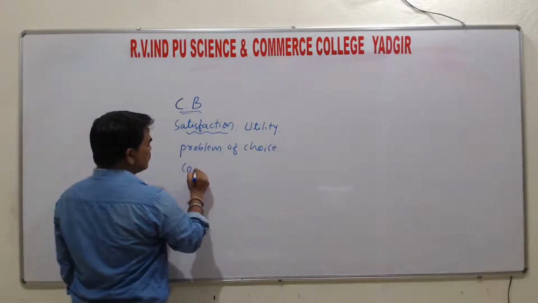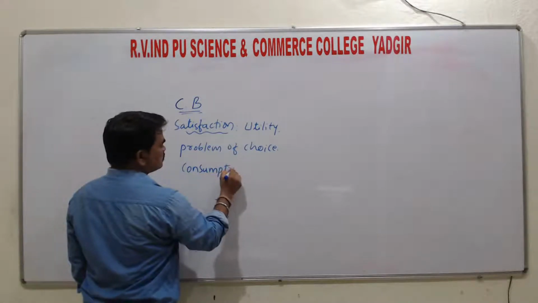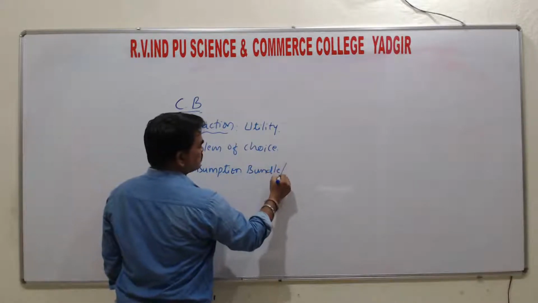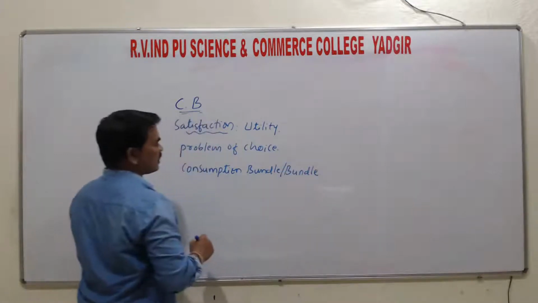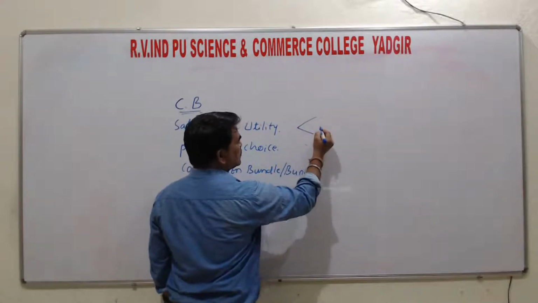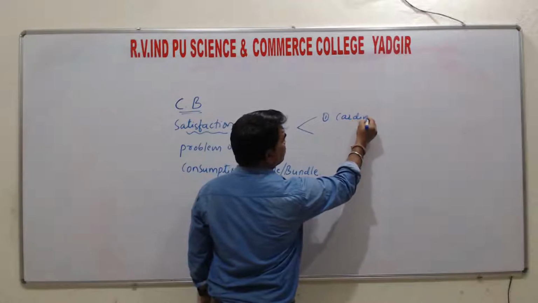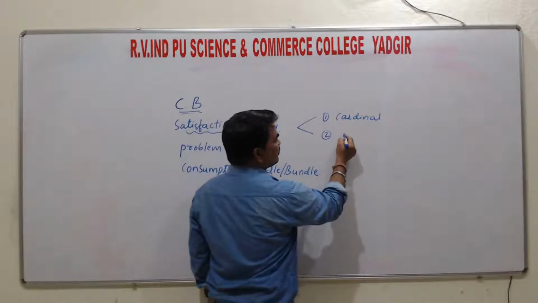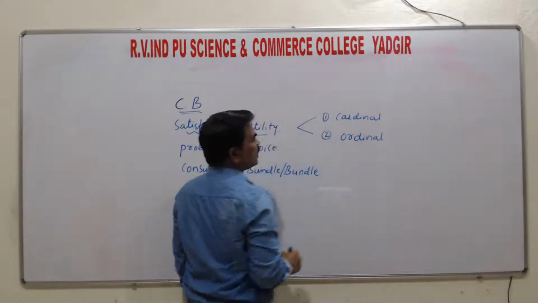What is consumption bundle? How can we measure utility? First one is cardinal, where we are measuring utility, and the second one is ordinal.